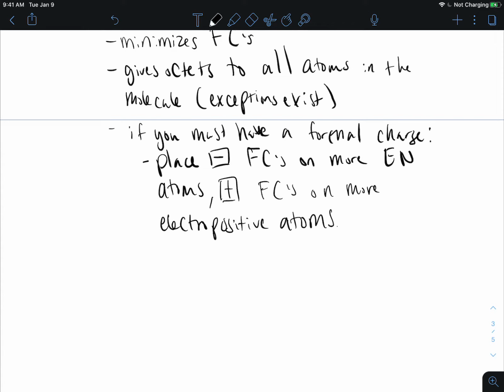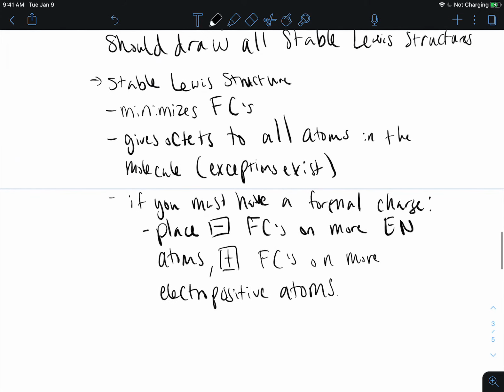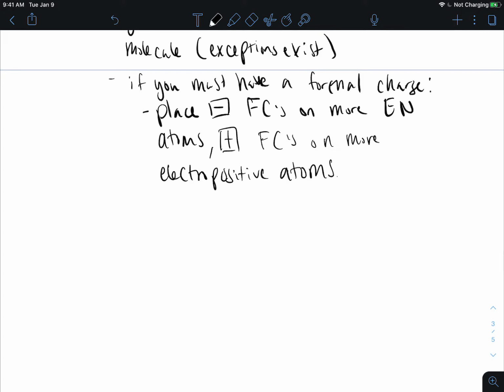Okay? So when we have resonance structures, you have resonance structures when you have two or more stable Lewis structures for a particular molecule. Anytime you have resonance structures, you have delocalization of electrons.